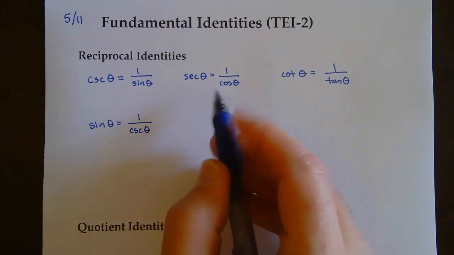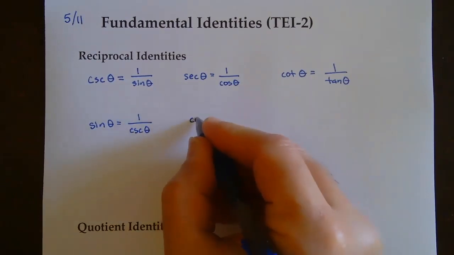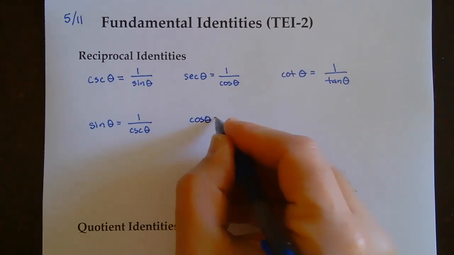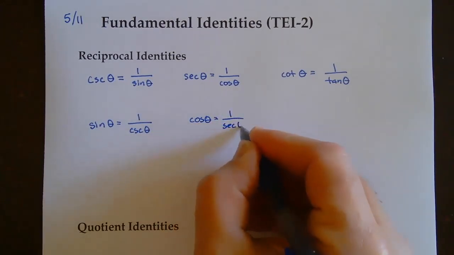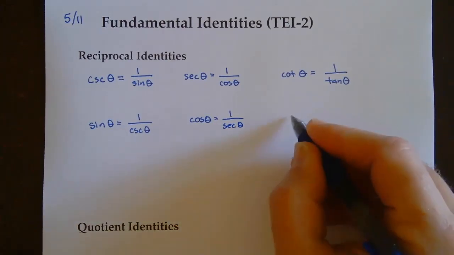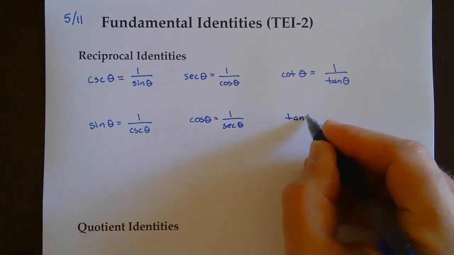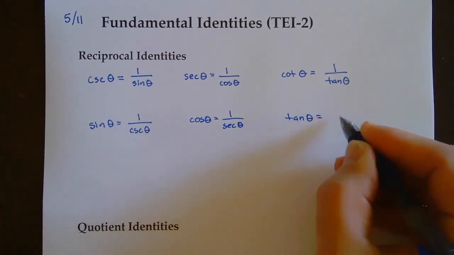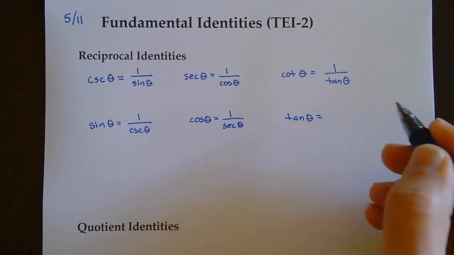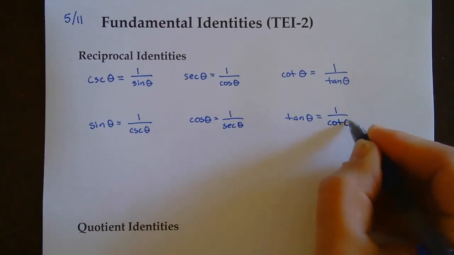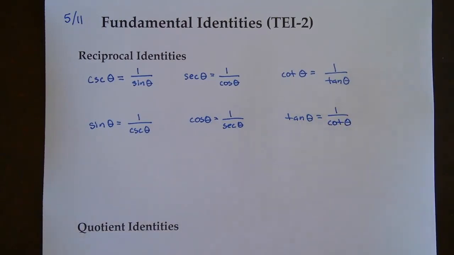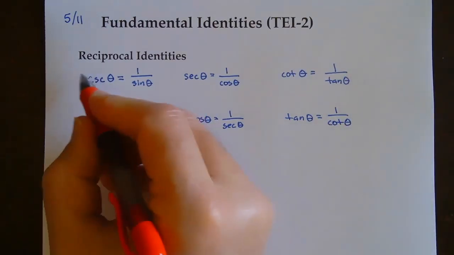Same thing with this one: cosine of theta can be written as 1 over secant of theta, and tan theta is the reciprocal of cotangent theta, so 1 over cotangent theta.